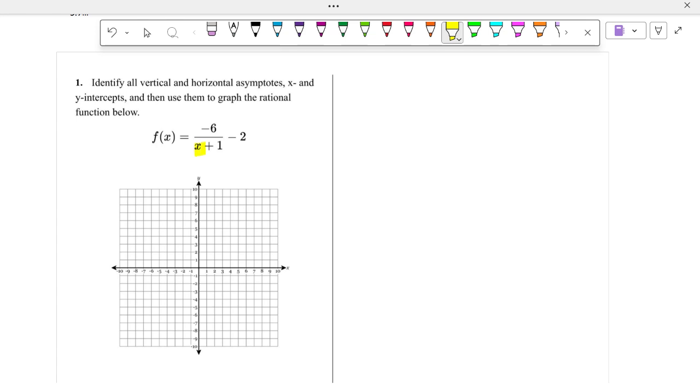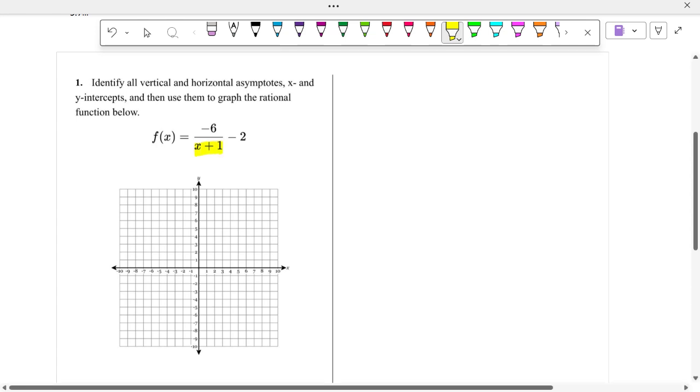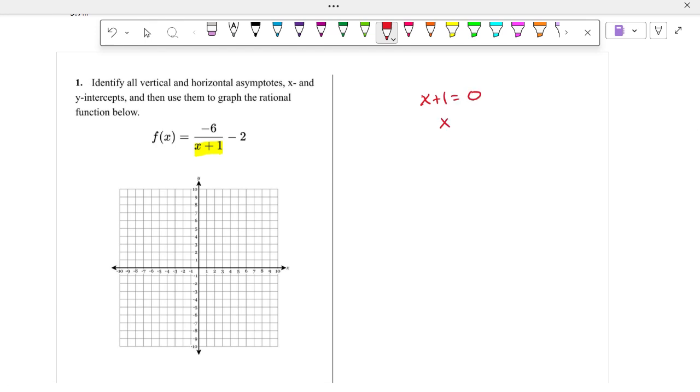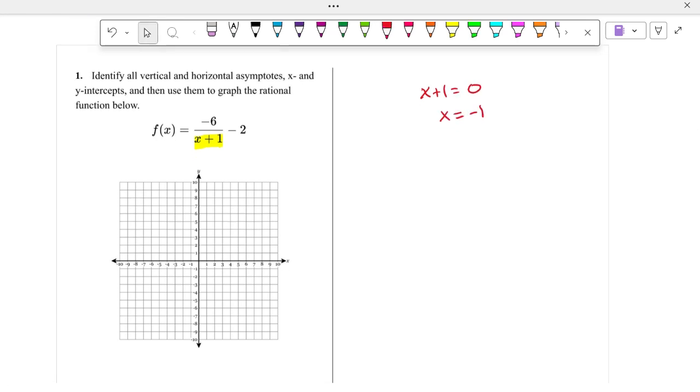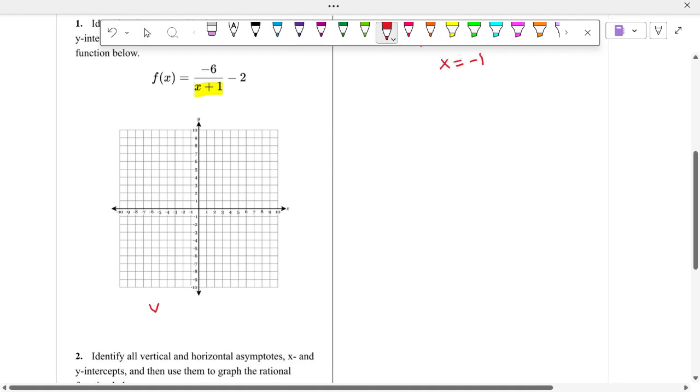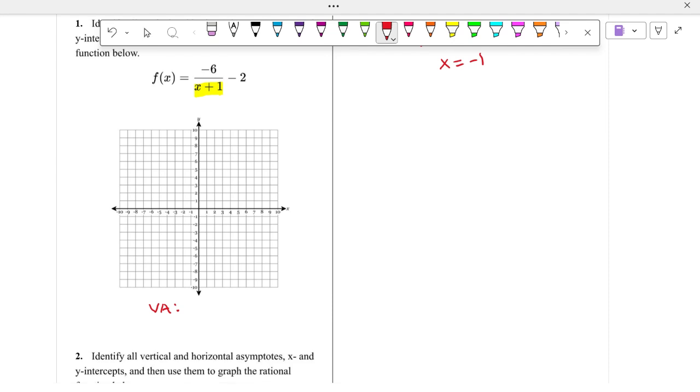Right, we set this denominator equal to 0 and solve for x. So x plus 1 is equal to 0, so x is equal to negative 1. So think about it this way. A vertical asymptote is a vertical line, and vertical lines typically involve x values.